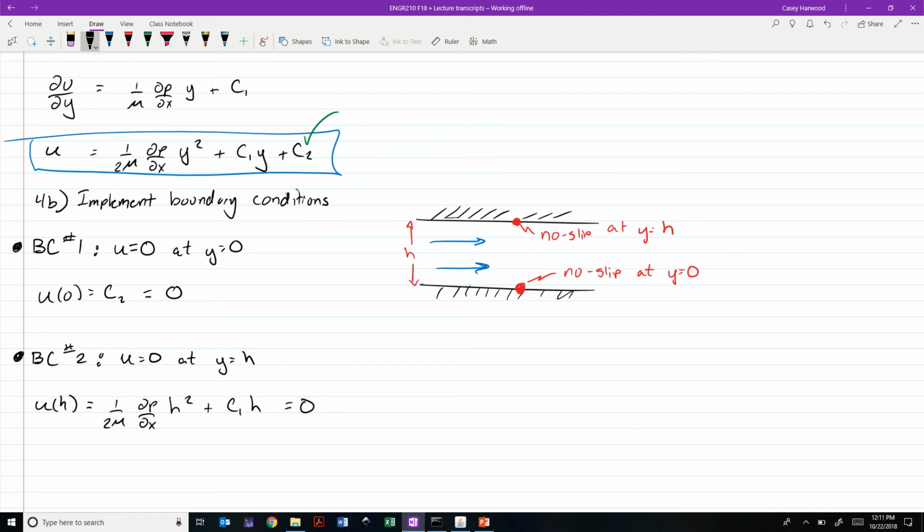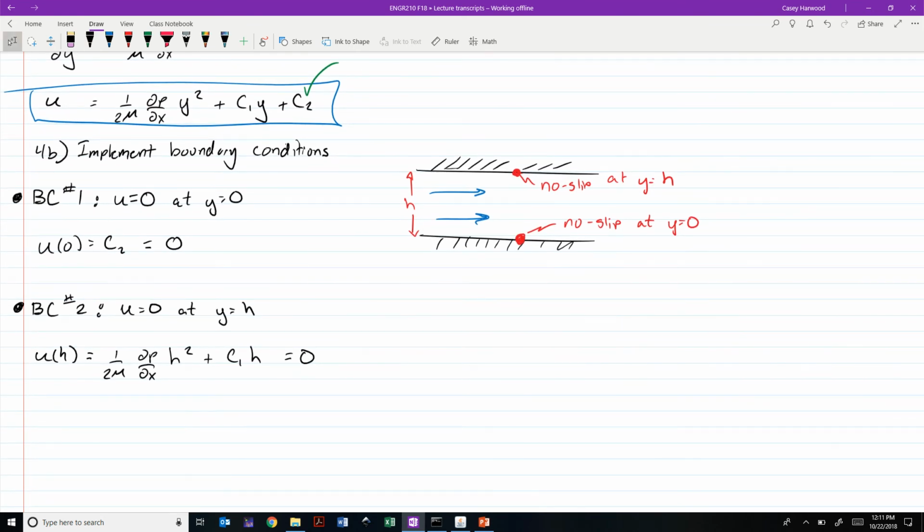So now our task is simply to solve for C1. At this point, it's just more algebraic manipulation. And what we should get is that C1 is equal to negative 1 over 2 mu dp dx h.